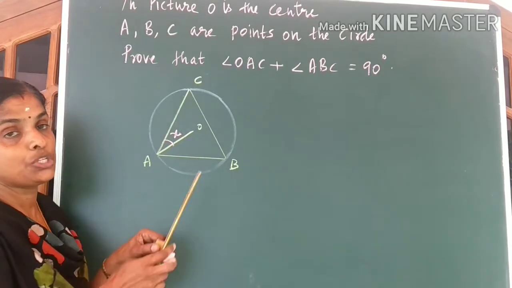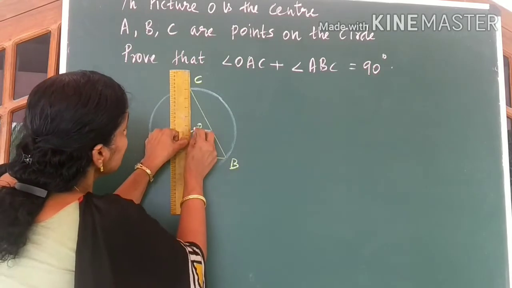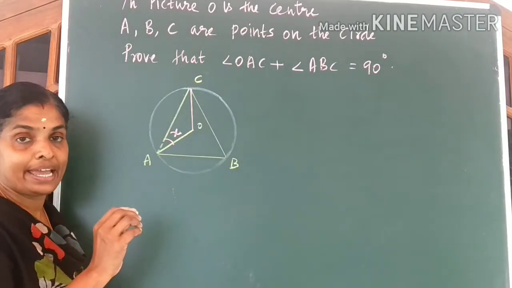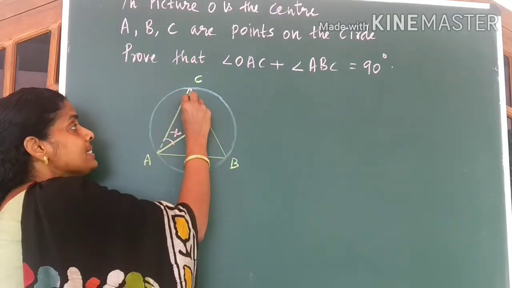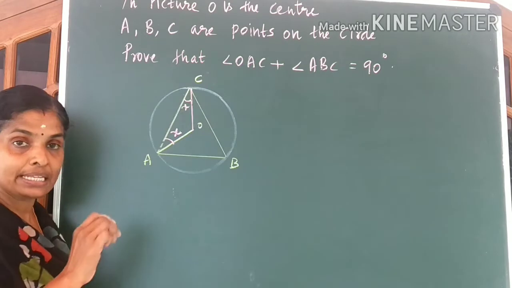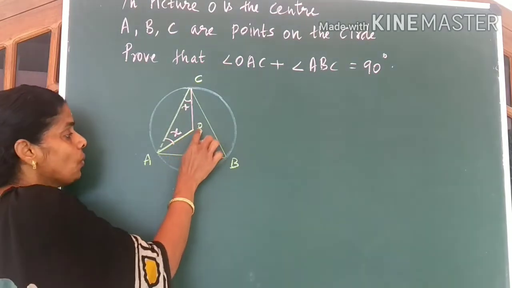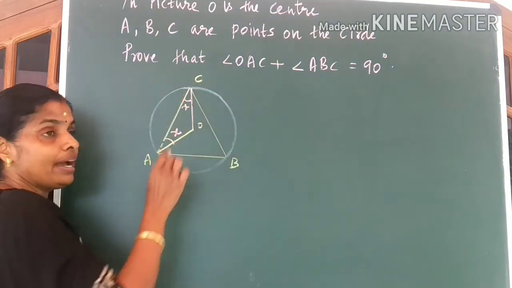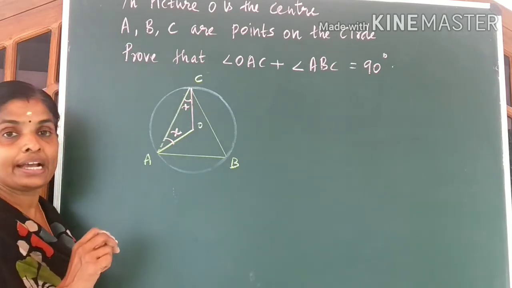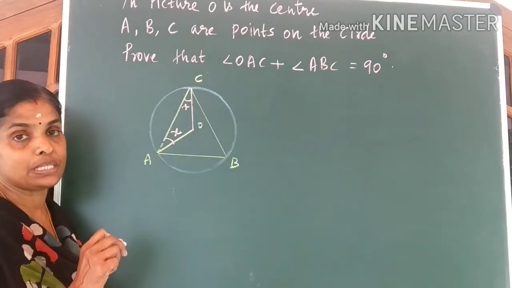So, if you join O to C, you get an isosceles triangle. So, we can say this angle would be also equal to x. It is because OA and OC are the radii of the same circle. Hence, triangle AOC is isosceles.